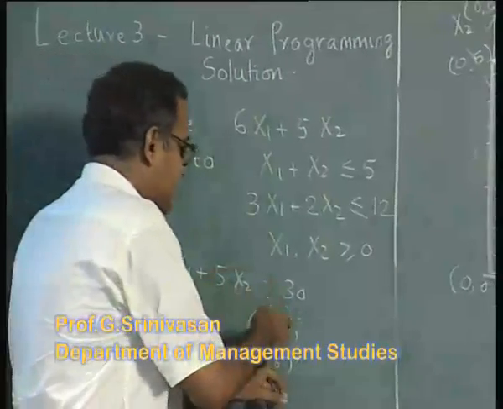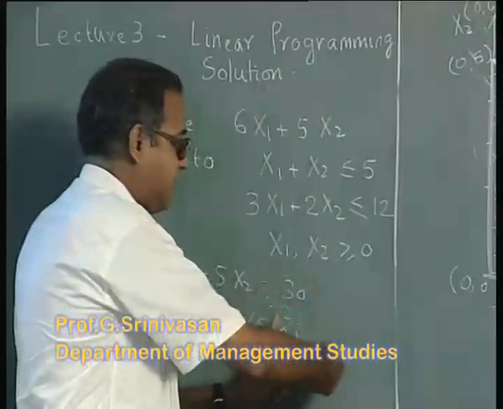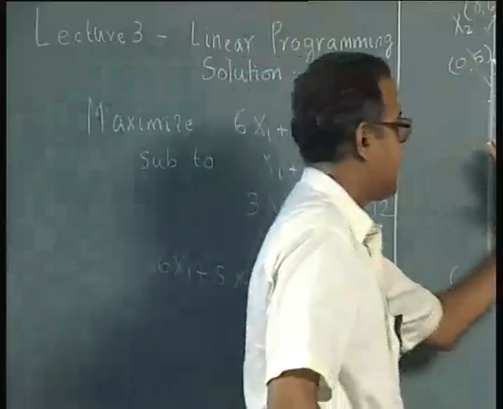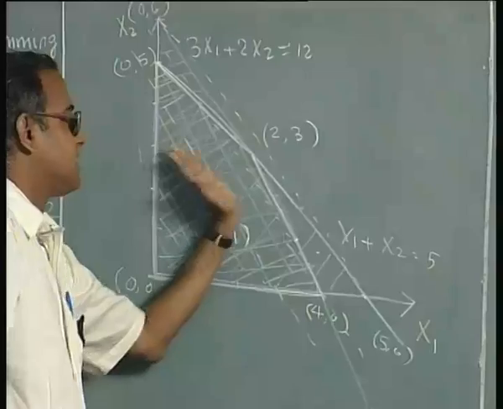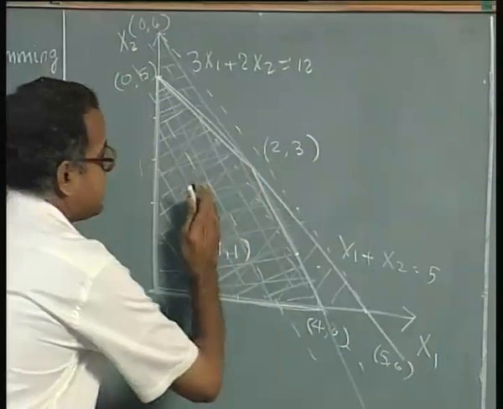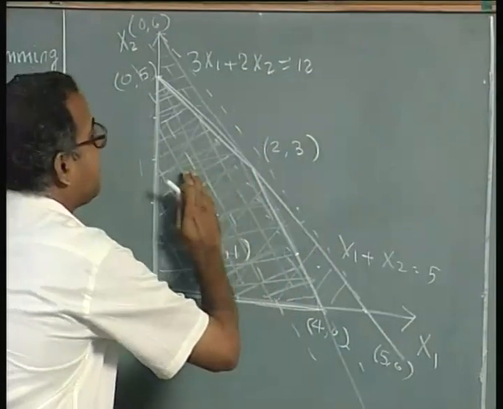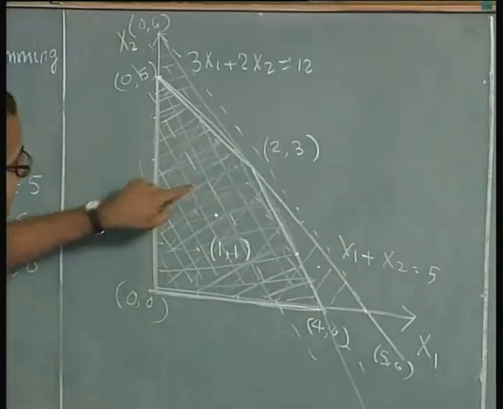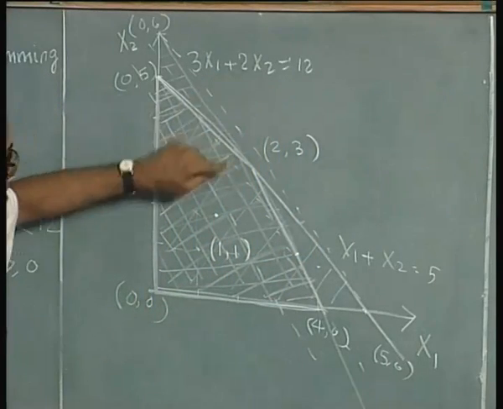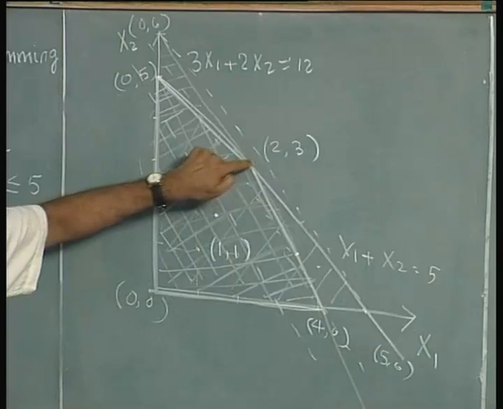If we try to increase the value of the objective function from 15 and above, you will see that this line is moving parallel to itself, but in this direction. As this line moves in this direction, at some point it will leave this region, and when it actually leaves this region, it will touch a corner point and then go away.